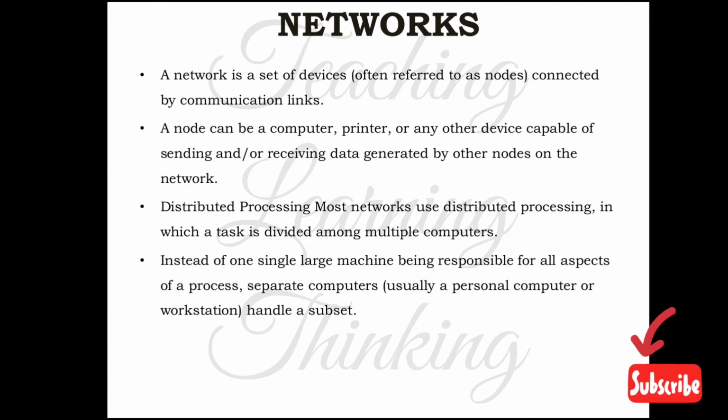Instead of a single large machine being responsible for all aspects of a process, separate computers handle a subset. So we can use a separate computer from our own home or office to send or receive data far away. That's the use of networks.